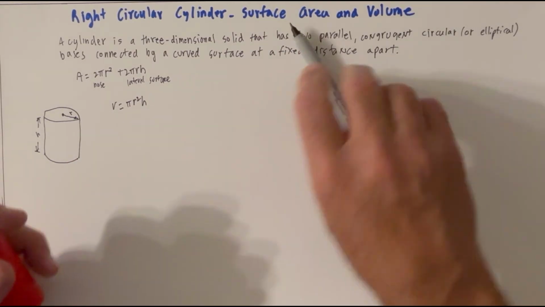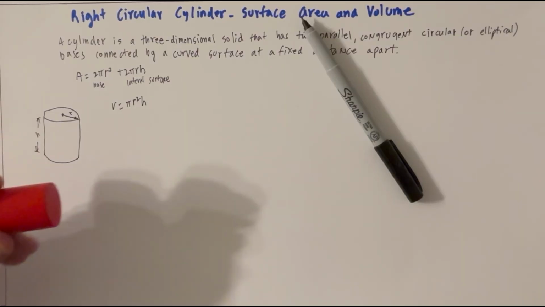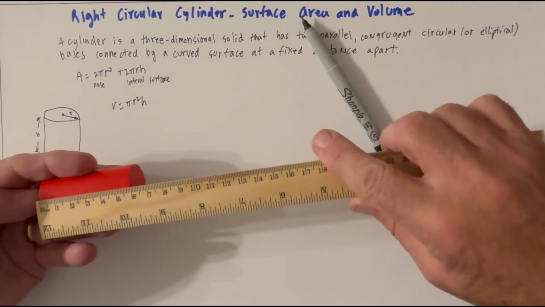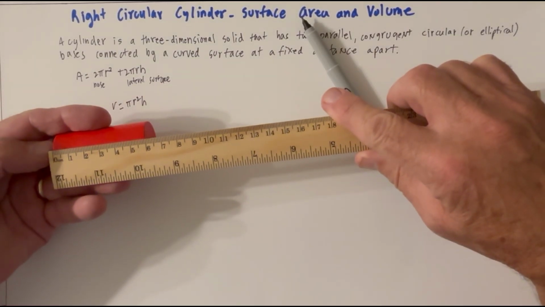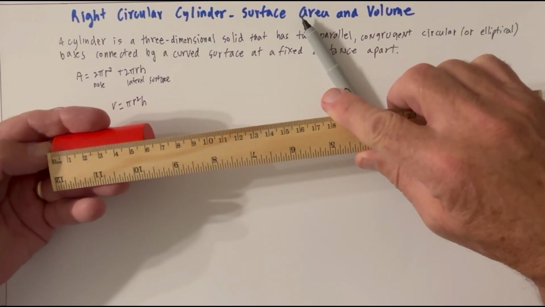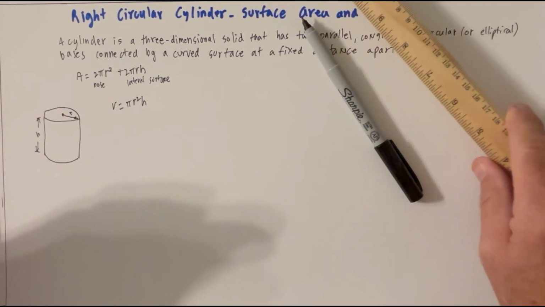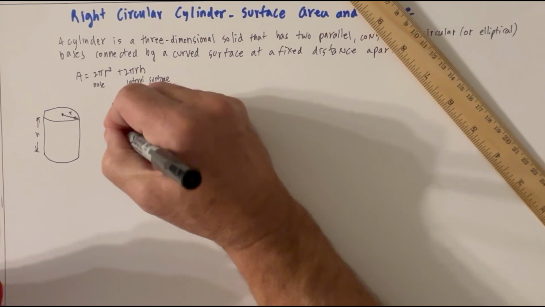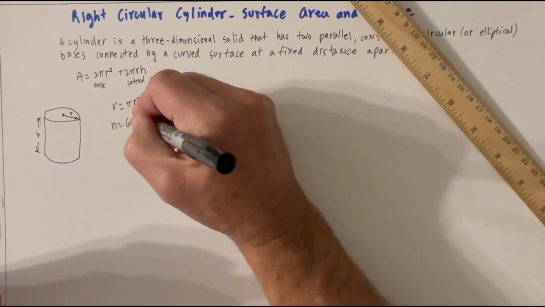So now let's look at this cylinder in particular. Take some measurements here and just calculate the surface area and volume. It looks like the height is about 60 millimeters. So in this case, H is equal to 60 millimeters.